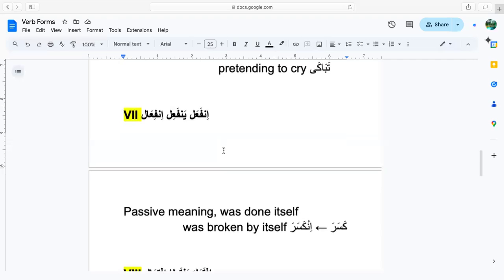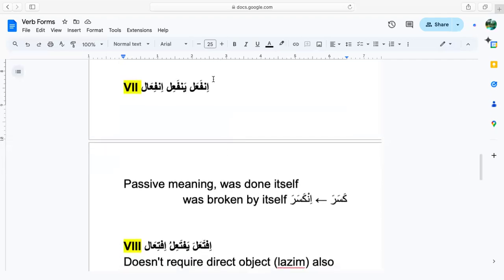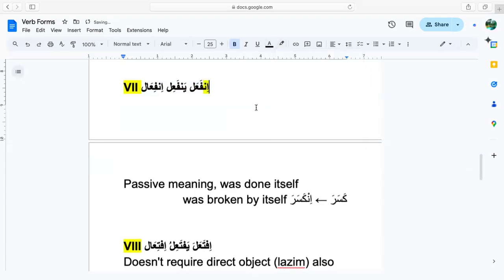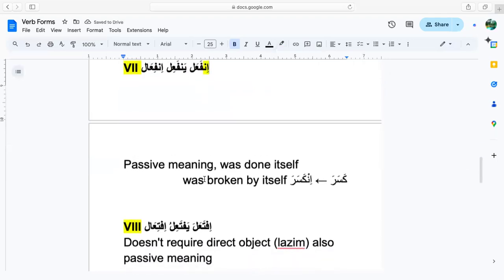What about number 7? Number 7 is infa'ala. So we have the addition of the hamza at the beginning, hamzat al-wasl with the kasra, and the noon. So the in at the beginning is the addition. It has a passive meaning, not the meaning of doing an action on something else.